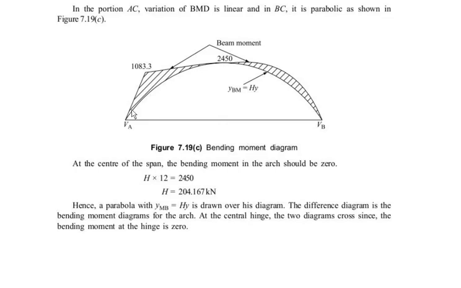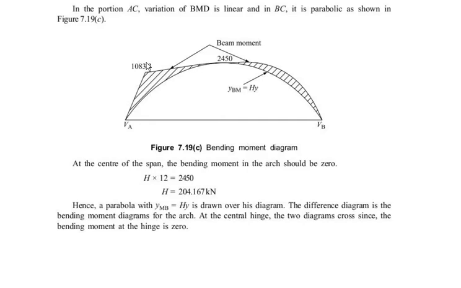So we draw the arch such that the moment at C is 0, and each ordinate in the arch is H into y, and the value of H is already calculated. This value H into y is deducted from the beam moment. So only this remaining portion, the shaded portion, is the moment present in the arch.